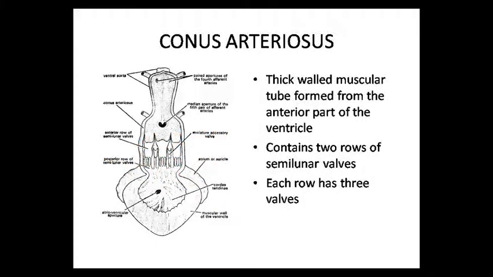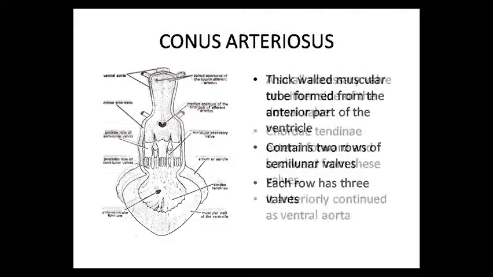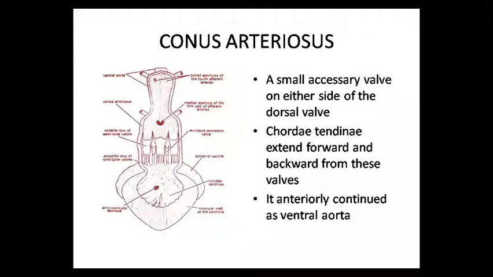This conus arteriosus is a thick-walled, muscular tube formed from the anterior part of the ventricle. It contains two rows of semilunar valves. These are transversely arranged in two rows. Each row again has three valves. Of these three, one is known as the dorsal valve and two others are known as the lateroventral valves, which are present on either side of the dorsal valve.